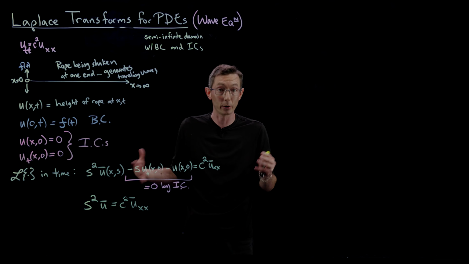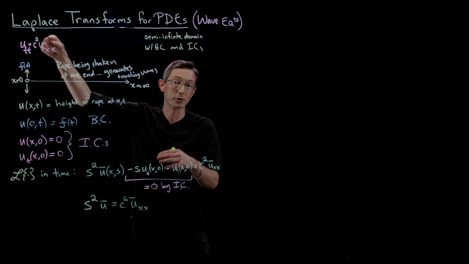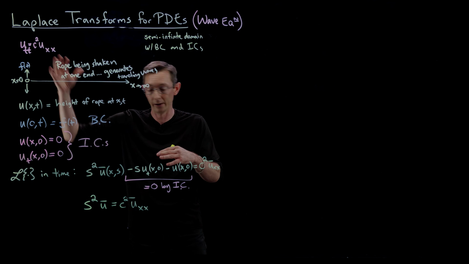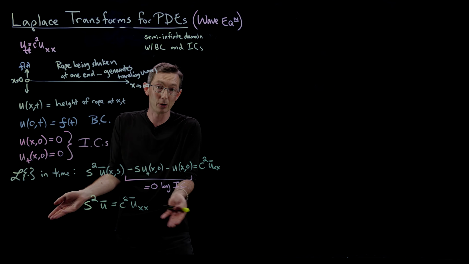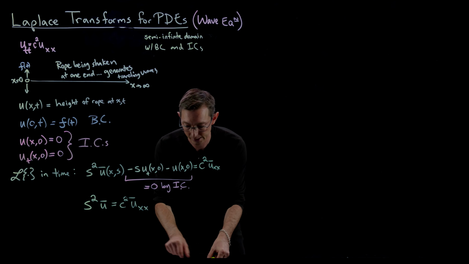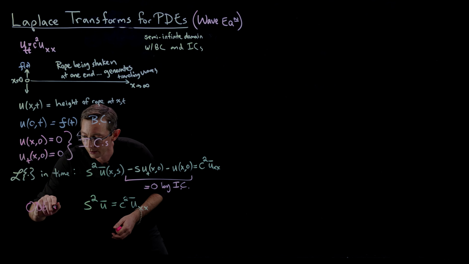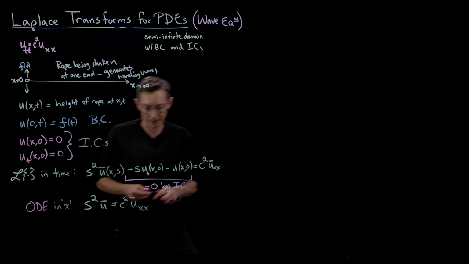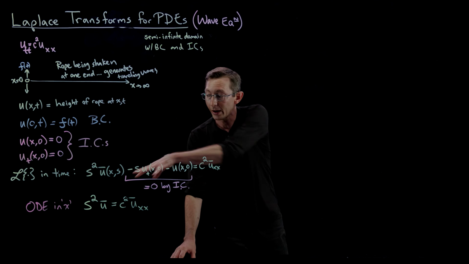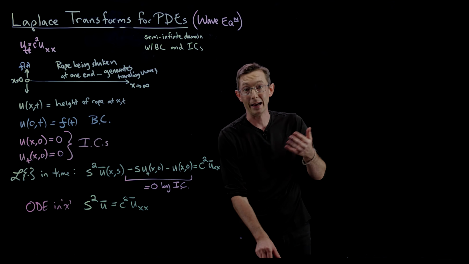We know how to solve ordinary differential equations because we got rid of, here we had two partials, partial in x and partial in t. Here, this only has partials in x, so it's an ordinary differential equation. So this is, I'll just write that. This is an ODE in x.